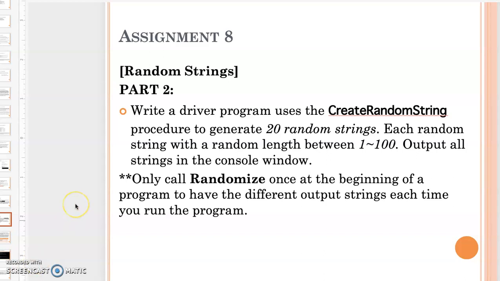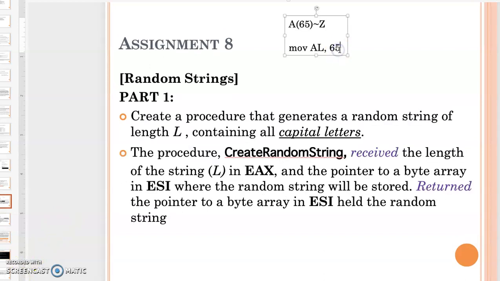Next we see what kind of algorithm we need. Let's think about the algorithm for implementing this procedure. When I asked you to create a string with all capital letters, you did that in C++, right?